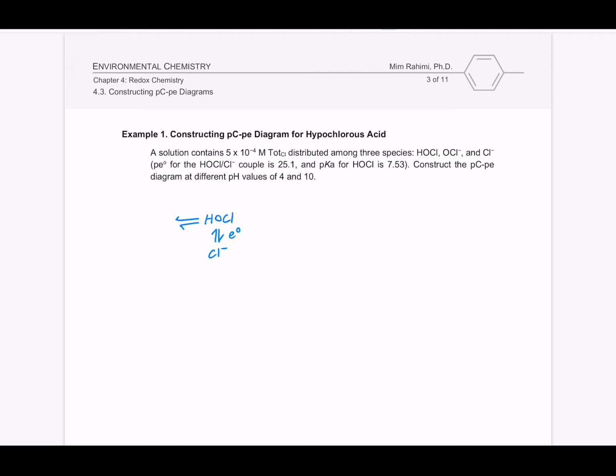It could go to OCl minus through an acid base. So basically we get this line acid base and this line redox.